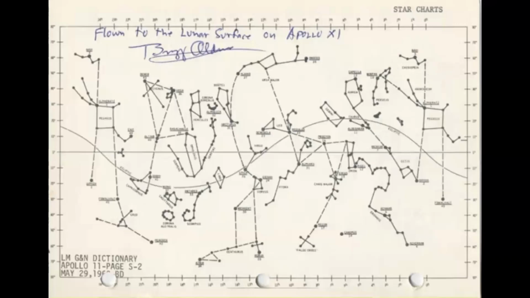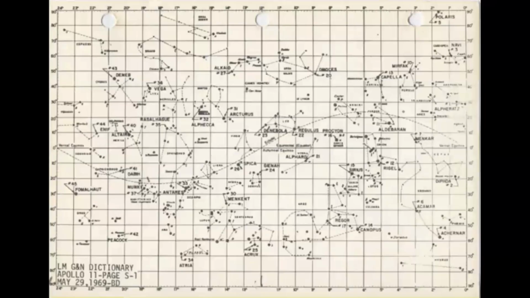This is page 2. On page 1, it gets a little more complicated and has more coordinate stuff. Again, here's Cygnus the swan. Down here is Scorpius the scorpion. And over here is Cassiopeia the queen.